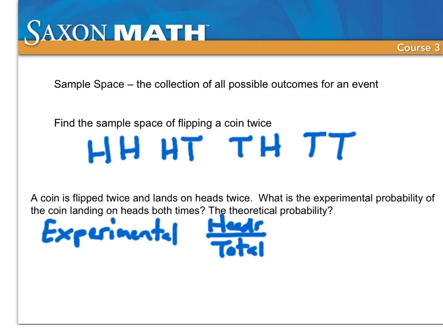Experimental means what actually happened. I flipped the coin twice and it landed on heads twice. So I got heads twice. And the total things that happened, I flipped the coin twice. So 2 out of 2 times it landed on heads. So the experimental probability reduces to 1.